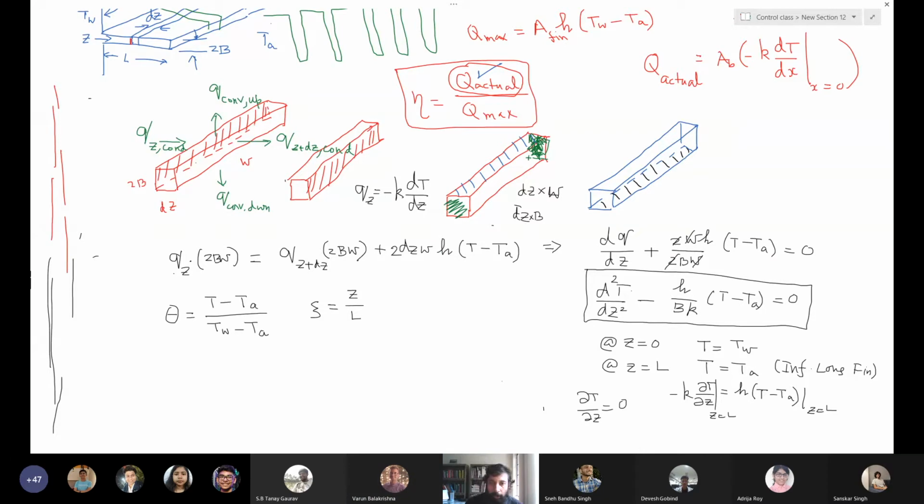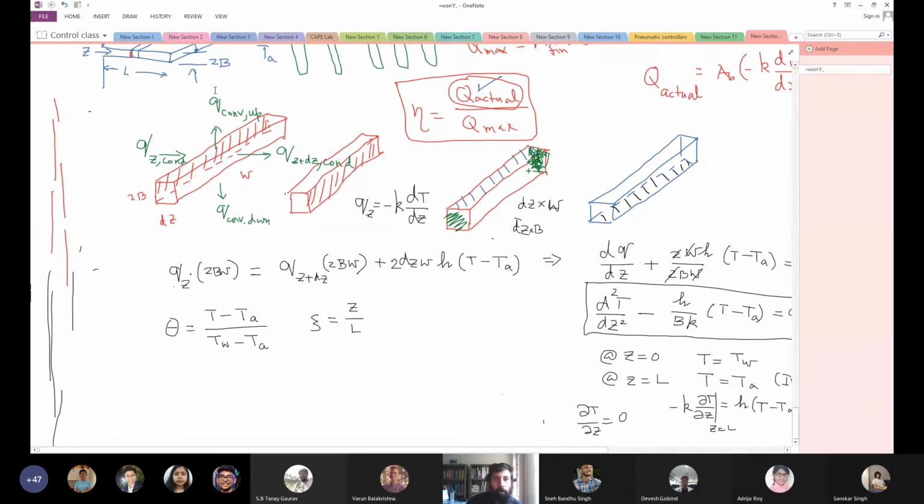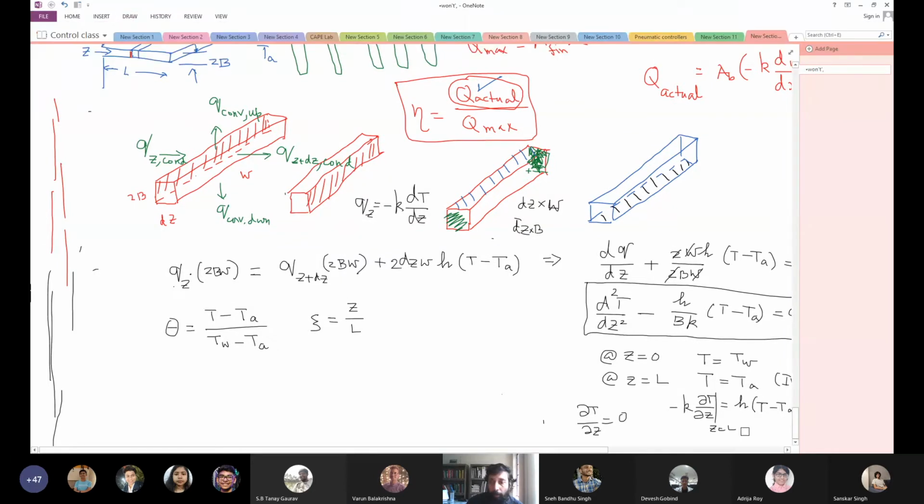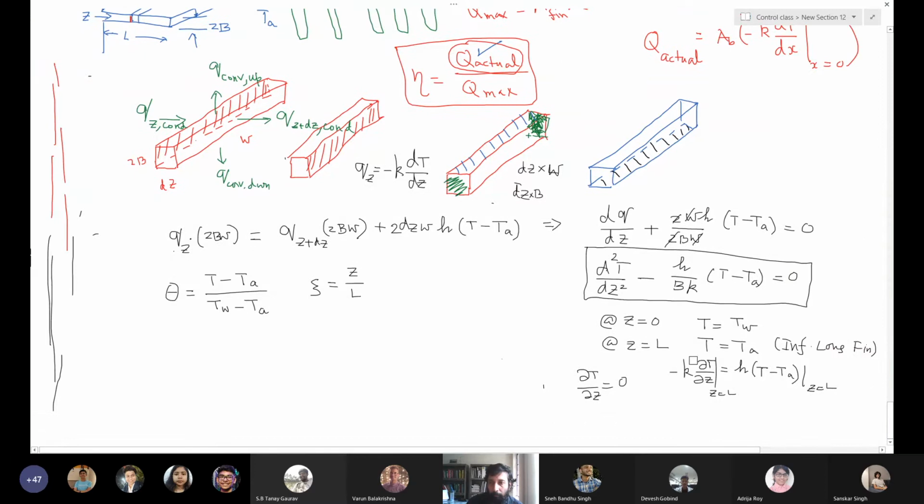So which condition you actually have to use depends on the situation. And all those arise in different situations. And for the time being, we'll take the simplest one, and that is the adiabatic fin tip. So for us, our condition will be adiabatic fin tip at Z equals L, the gradient is 0.